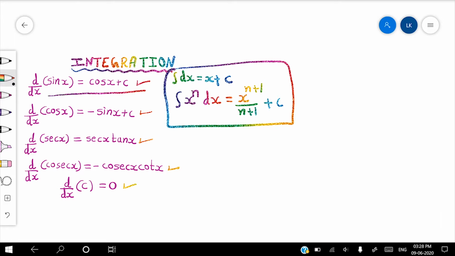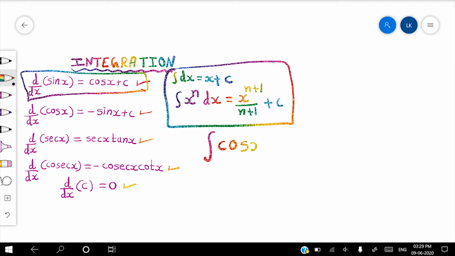Okay. Now the derivative of sin x, we know, is cos x. So what is the corresponding integration formula? In the last video, we have seen the definition of integration. Here, the derivative of sin x is cos x.